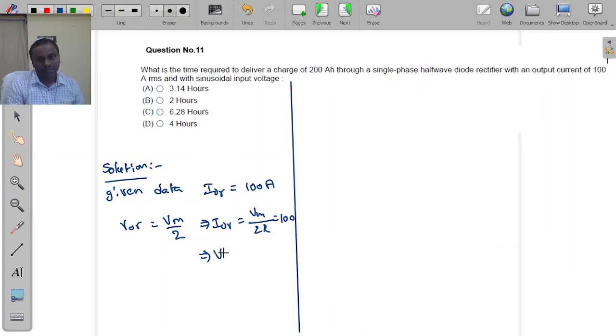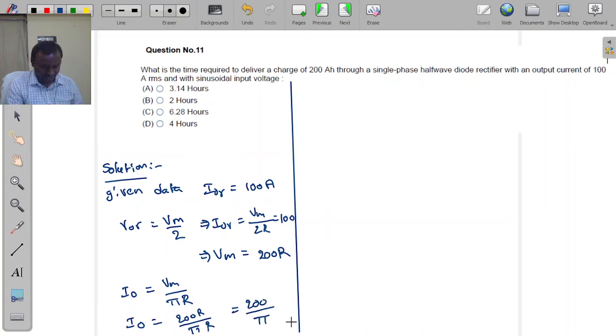In the sense, Vmax becomes 200R. Now, for a single phase half wave diode rectifier, the average current will become Vmax divided by pi R. So substituting, I naught equals 200R divided by pi R, that will become 200 by pi, the average current.